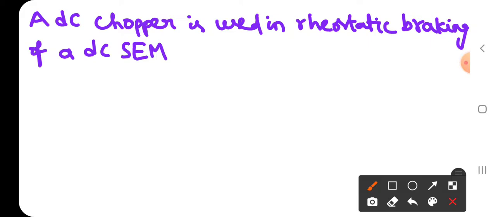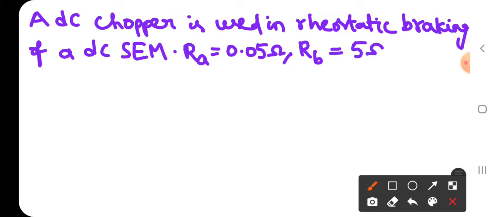The armature resistance is 0.05 ohms. The braking resistance is 5 ohms.